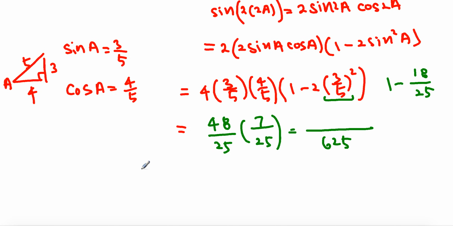And then here, when you multiply 48 times 7, we get 336 over 625. All right. So now let's look at the next question.